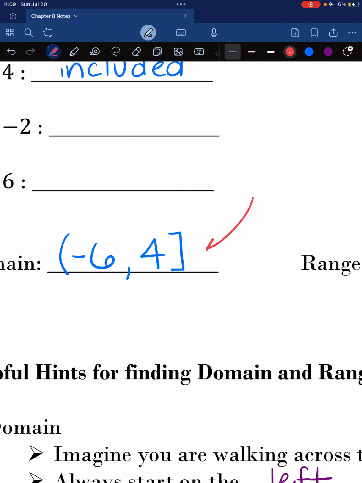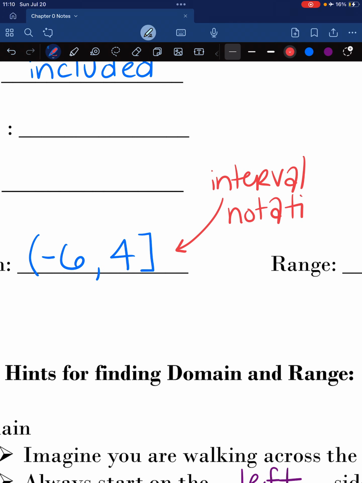And what we call this is interval notation. Let's see, I'll have room over here. This is interval notation.